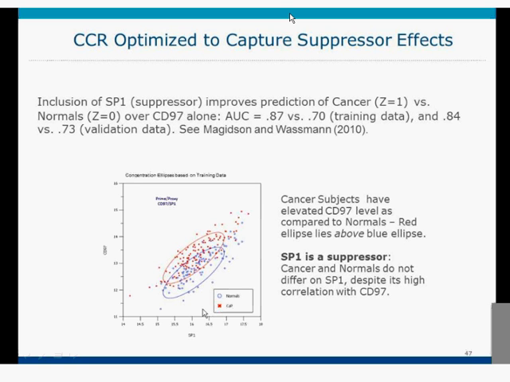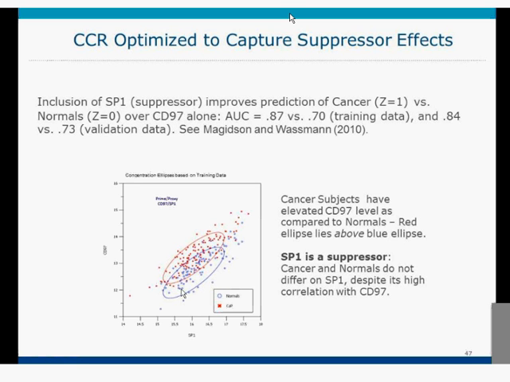But if you tried to do the same thing with SP1 by drawing a vertical line at the mean 16, you don't do well at all. This is because SP1 is totally unrelated to cancer. The mean is exactly the same for those that are normal and that have cancer.